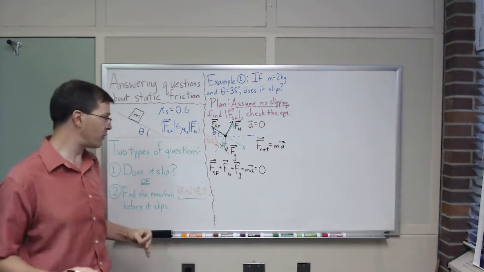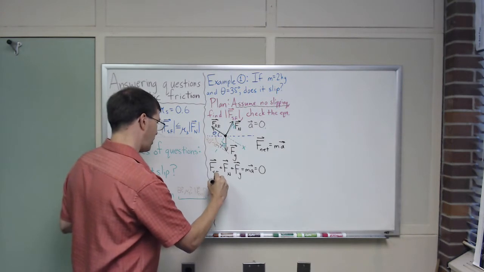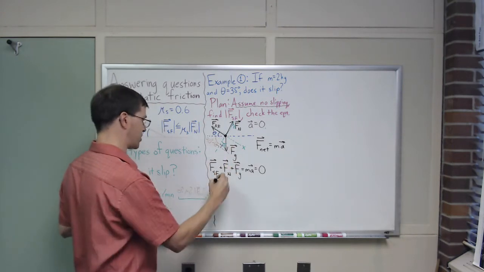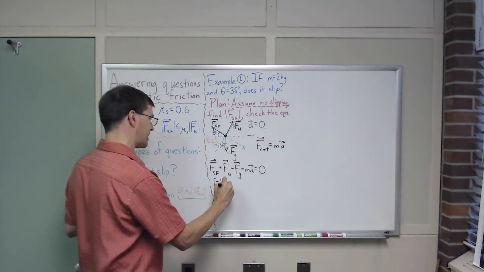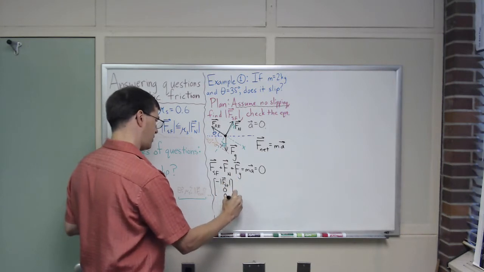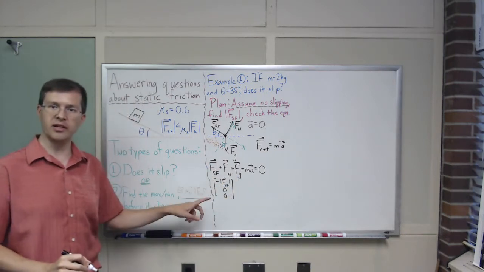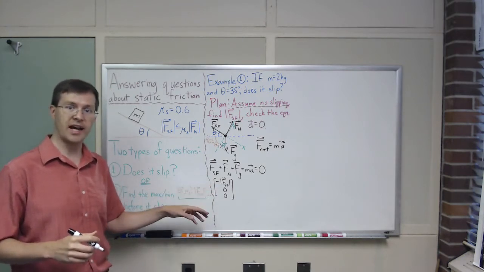Now let's do it in components. What we have, the force of static friction is all in my minus x direction. So it's going to be minus, I don't know the magnitude, I'm just going to call it minus the magnitude of the force of static friction, 0, 0. I'm using three-component vector notation here. If you're someone who does x hat, y hat, z hat, or i hat, j hat, k hat, cool.